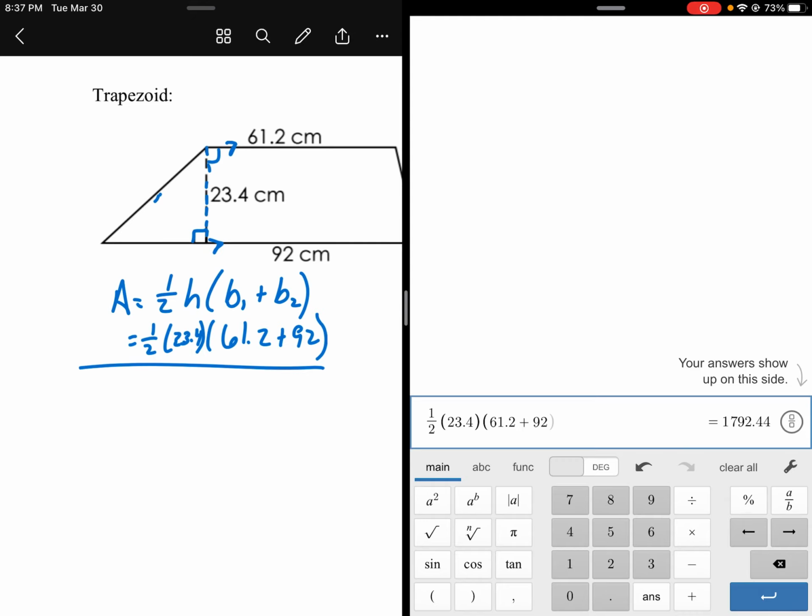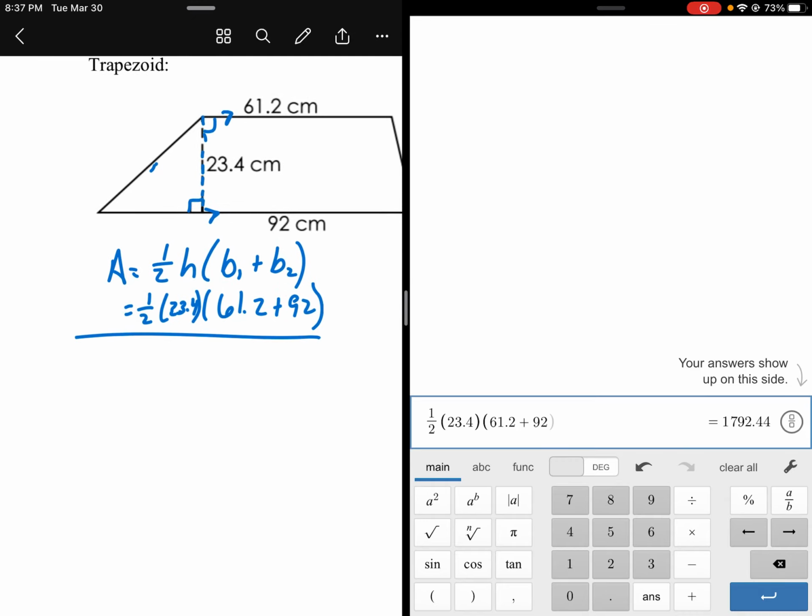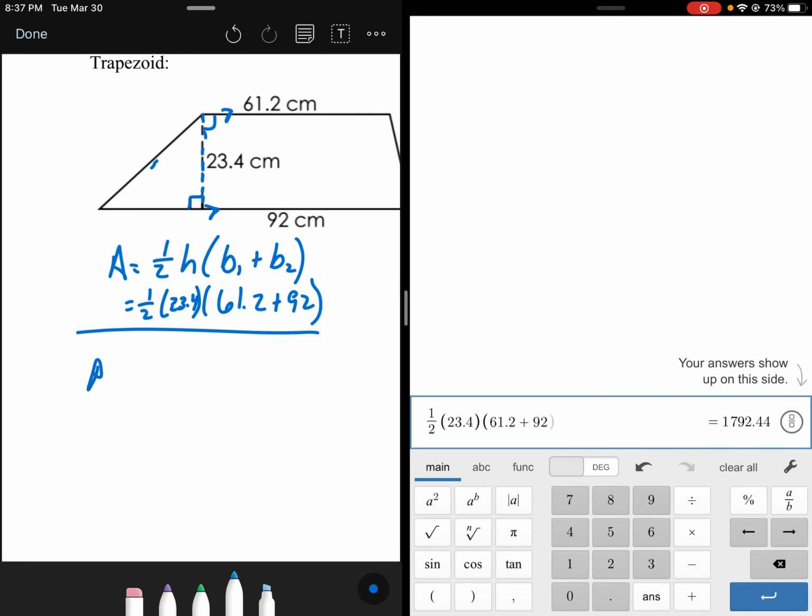I plug that exact same thing in here, and I got that my area is equal to 1,792.44 centimeters squared. I don't know why I didn't know that right away.